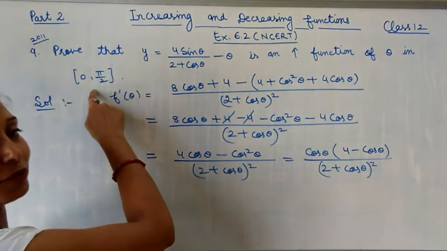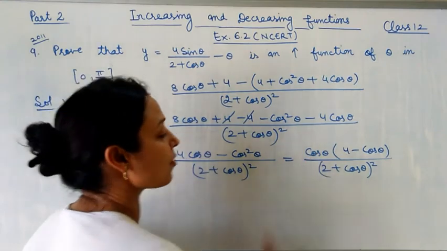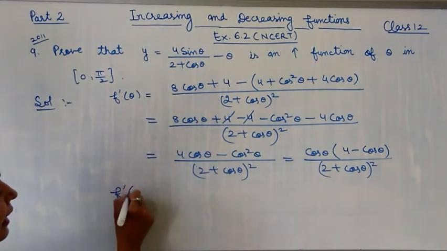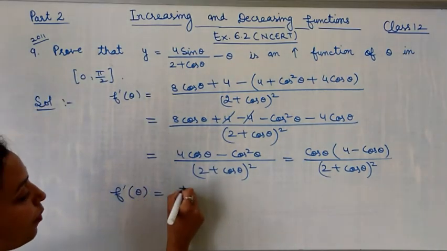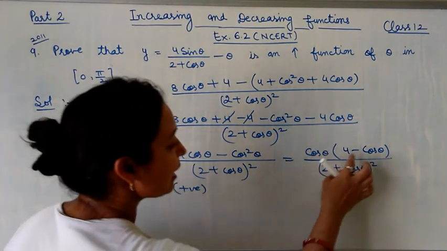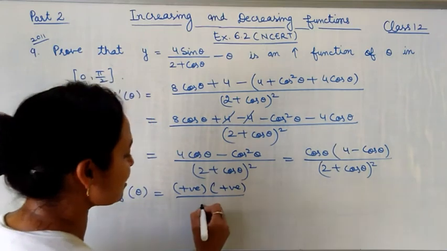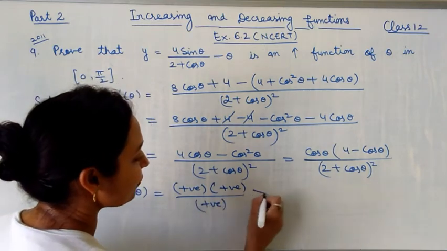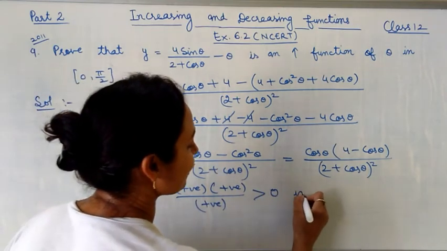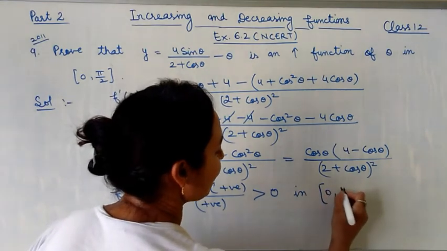When we check in the first quadrant, the first value is positive, then we can say that f dash theta is positive for cos, then positive for the other cos, and it is a square, so it is also positive. It is greater than 0 in 0 to pi by 2.